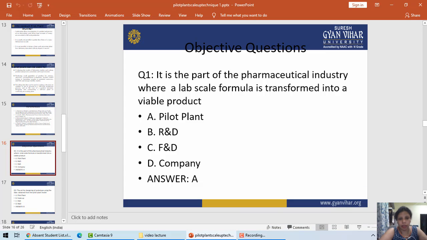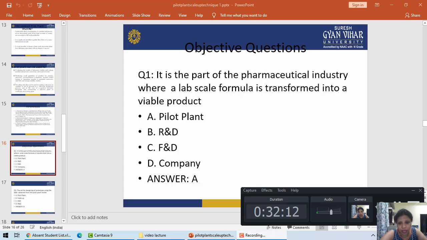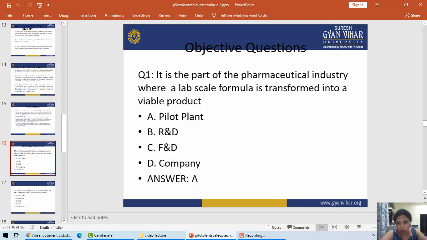The first question is: it is the part of the pharmaceutical industry where a lab scale formula is transformed into a viable product. There are multiple choices, you can choose one: either it is pilot plant, R&D, F&D, or just a company.